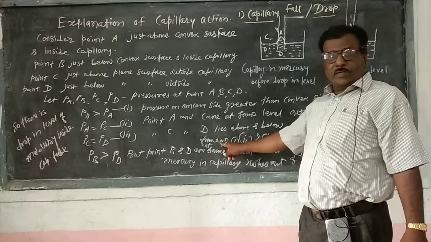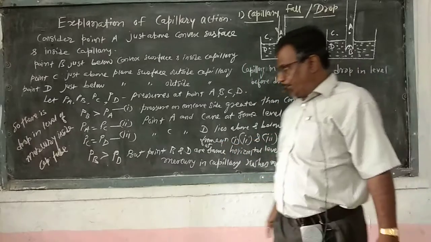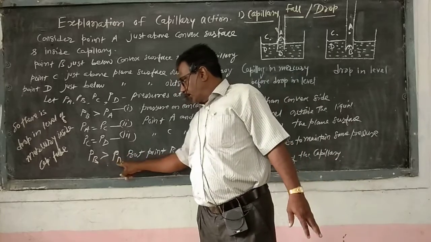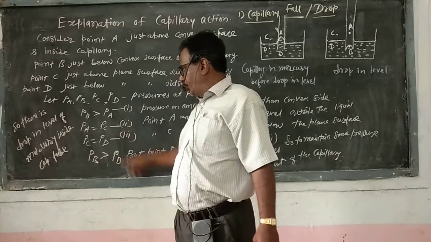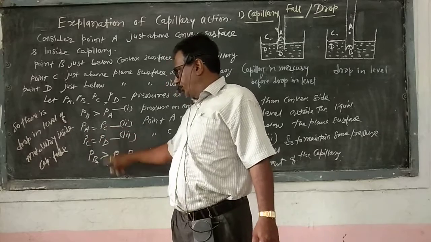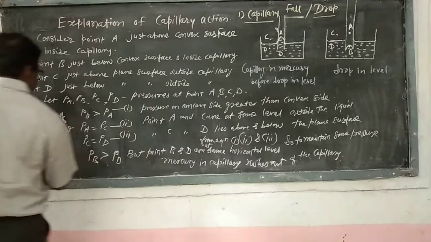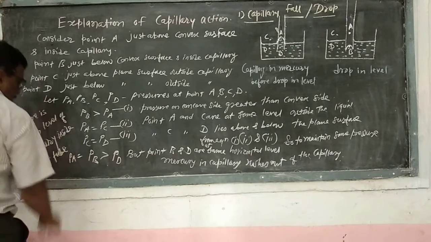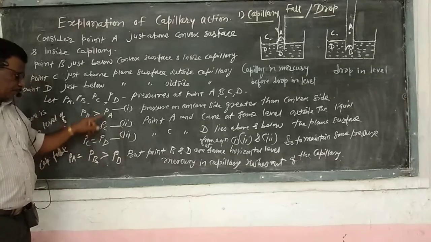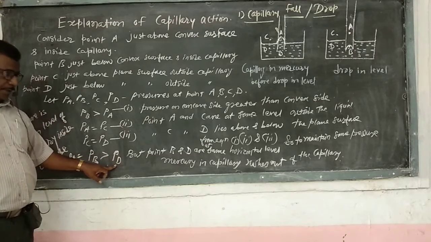But from equations 1, 2 and 3 we can write PB is greater than PD, because PB is greater than PA, and we know that PA equals PC and PC equals PD. Substituting, we get PB greater than PD.